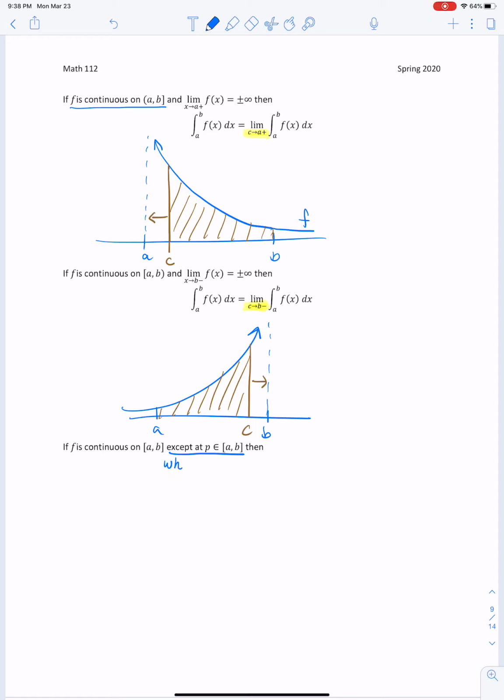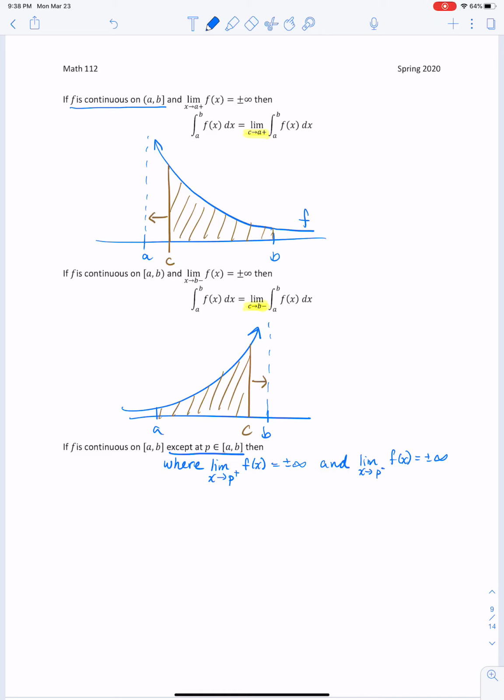Let's suppose the limit as x approaches P from above is equal to plus or minus infinity, and the limit as x approaches P from below is perhaps unbounded. In this particular case, we do need to use limits.